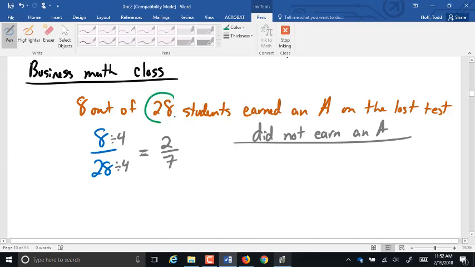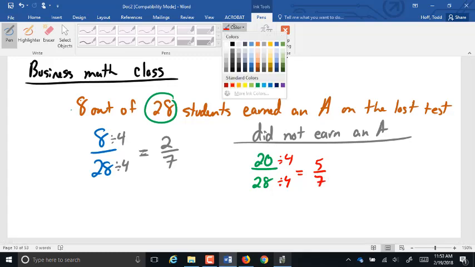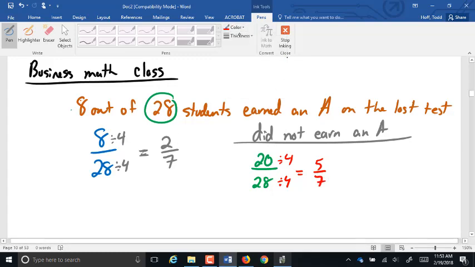I could either do 28 minus 8 gives me 20 out of the 28, and I could reduce that. Both numbers divisible by 4 gives me 5 out of 7. Or I could have just looked at this 2 out of 7 ratio after I'd reduced the first one. If 2 out of 7 got A's, the other 7 minus 2, or 5 out of 7, did not get A's. So we can work with our ratios in that manner.